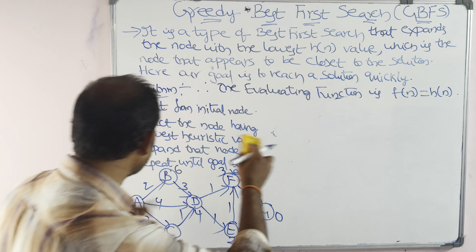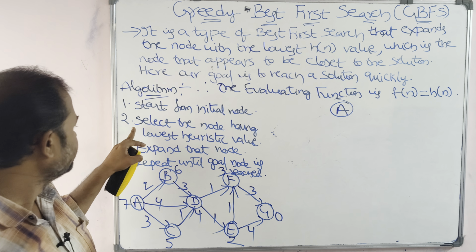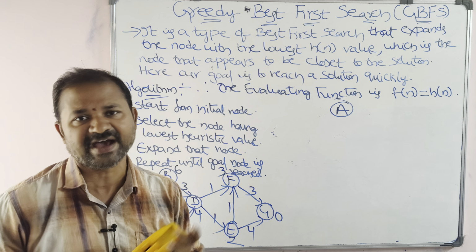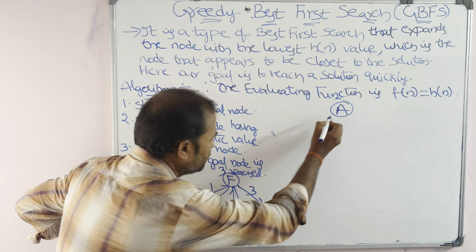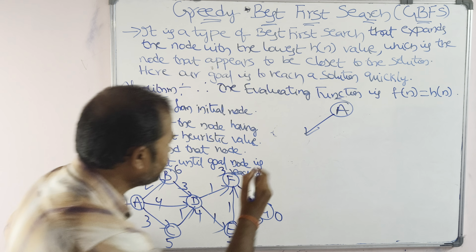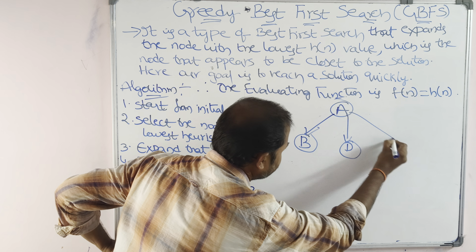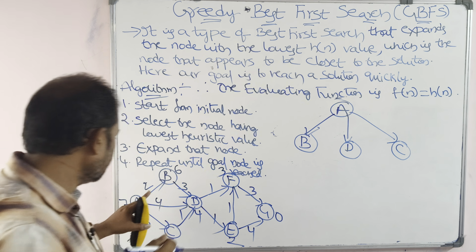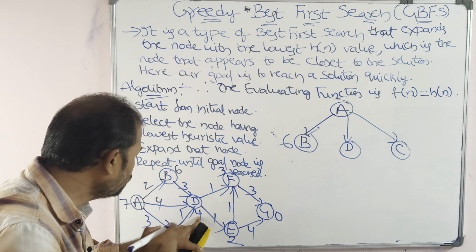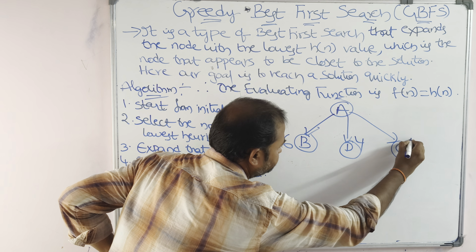So what is the start node? A is the start node. Next, second step, select the node having the lowest heuristic value. First we expand this node. What are the successors of A? B, D, C are the successors of A. B heuristic value is 6, D heuristic value 4, C heuristic value 5.